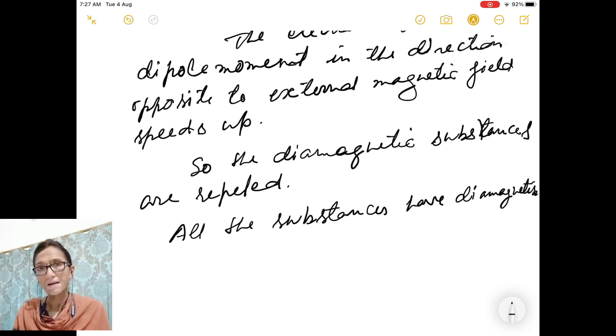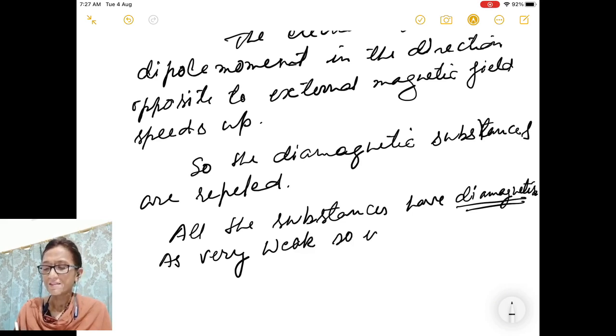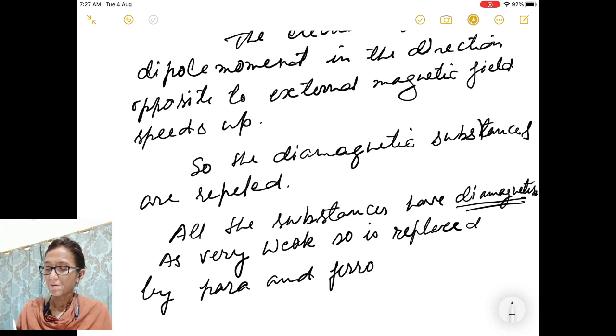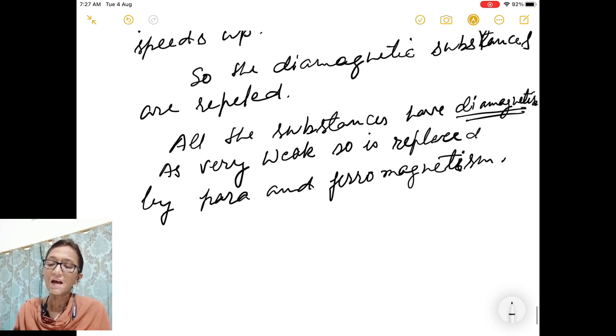But this diamagnetism is a very weak tendency, so it is replaced by para and ferromagnetism. Now superconductors are perfect diamagnetic substances.